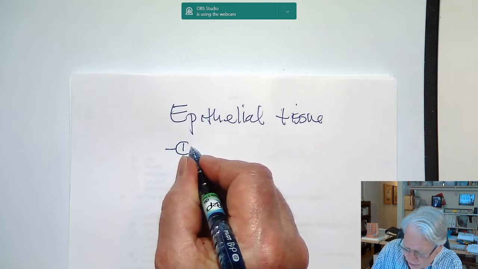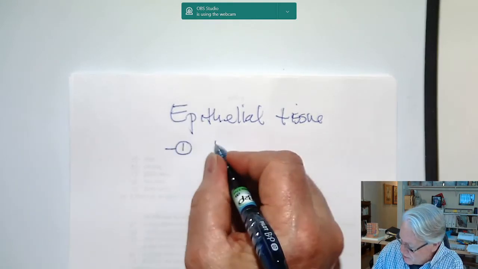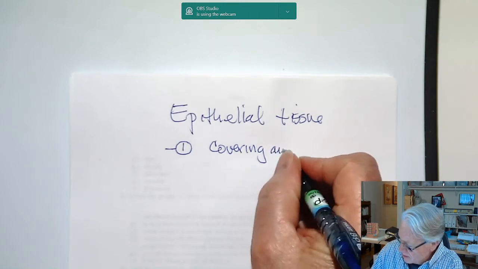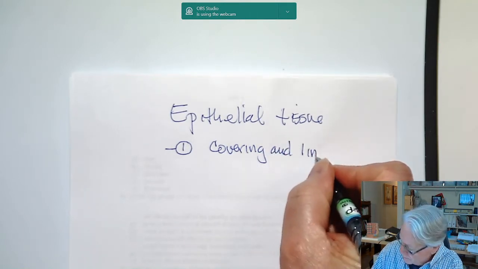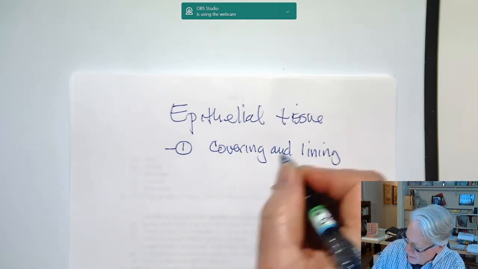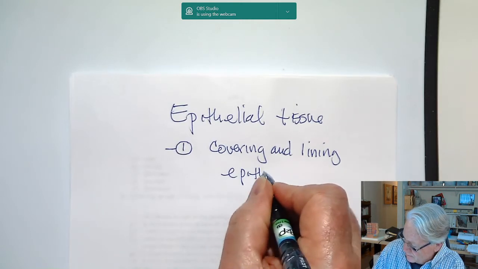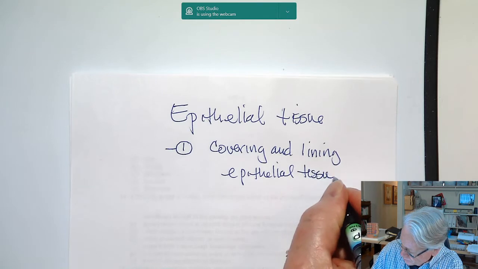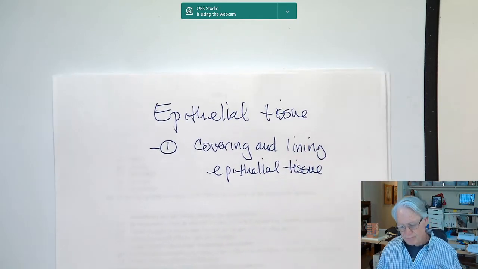So the first category is going to be covering and lining epithelial tissue. Covering and lining, what does that mean?